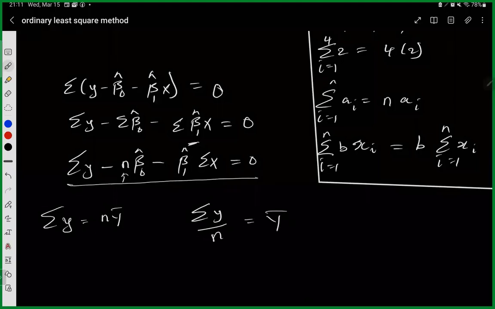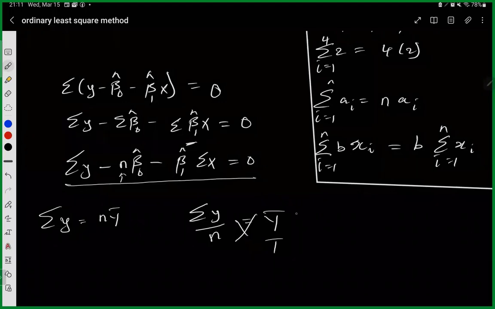So if we are to get summation y, we're going to say divide by 1 and then cross multiply. Remember this algebra? So this multiplies with the denominator, this multiplies the numerator, so that we have summation y is equal to n y bar.